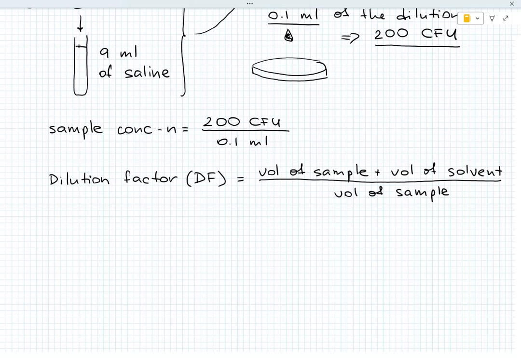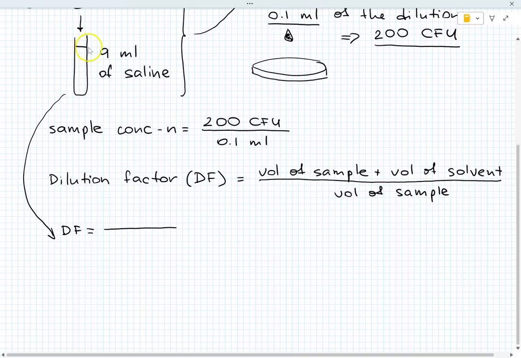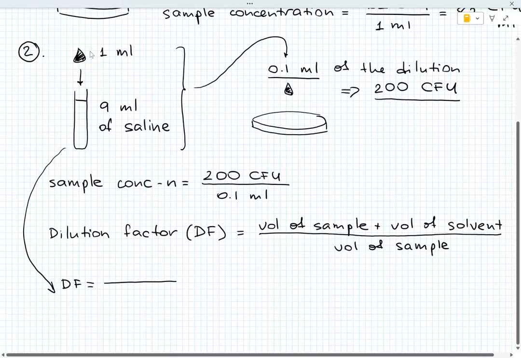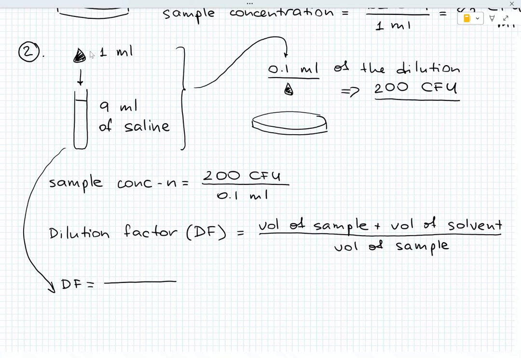So for this particular problem, the dilution factor will be, what is the volume of a sample? What was the sample? 1 milliliter of milk. So we can put it here and here. What is the volume of solvent? 9 milliliters.